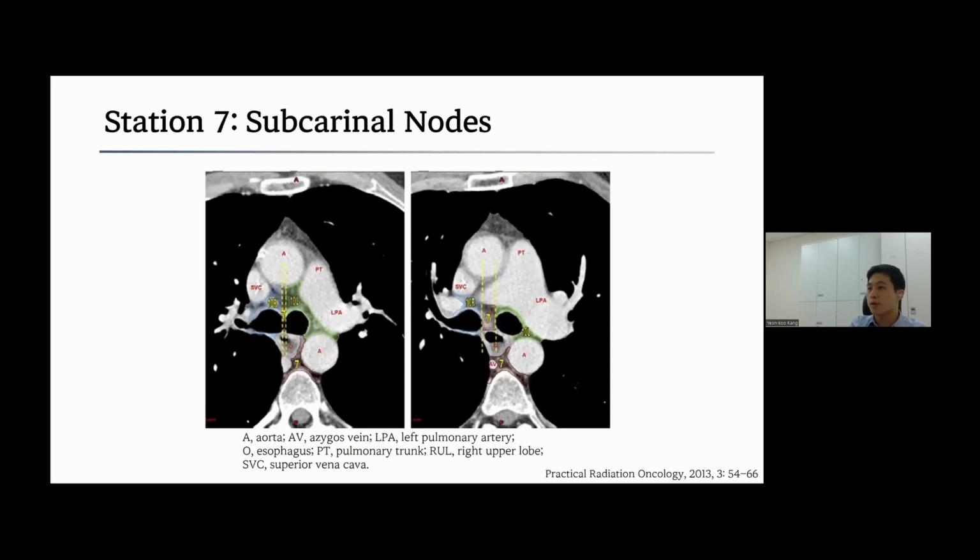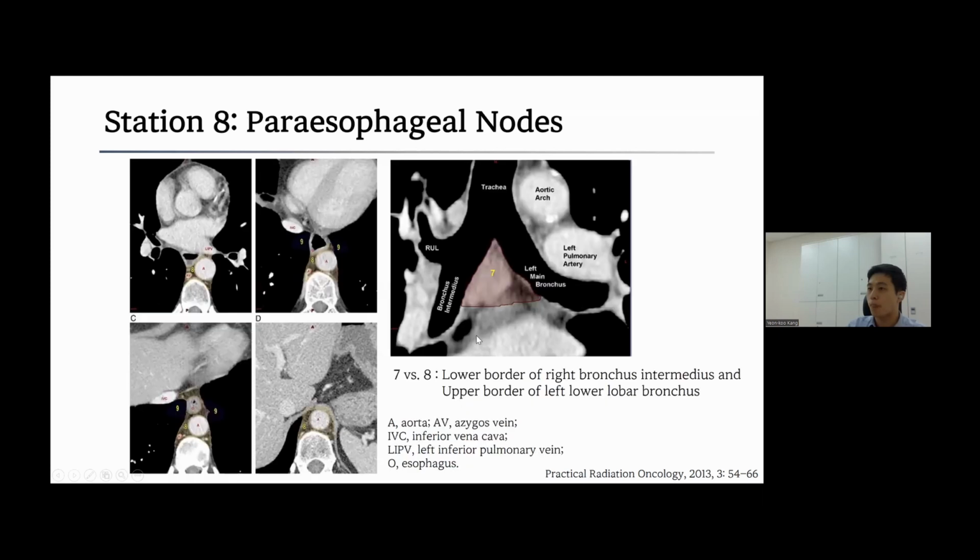Station 7 carinal nodes include nodes located just below the carina. And station 8 refers to paraesophageal nodes below the carinal level. It meets station 7 at the level of the lower border of the right bronchus intermedius, this point, and the upper border of the left lower bronchus, this point.